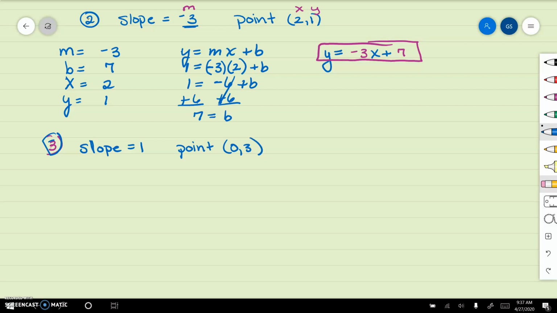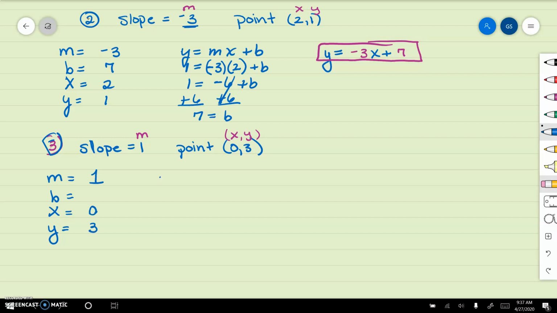So we have an m because slope is m. We have an x and a y because points are made up of x and y. So we're going to do m equals and then b equals because those are really the two numbers we need to write the equation of a line. But they're giving us x and y, so we'll write those down too. So m equals 1, b we don't know, x equals 0, and y equals 3.